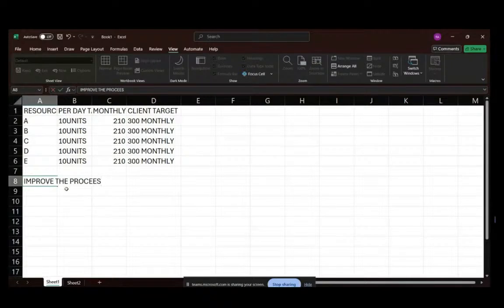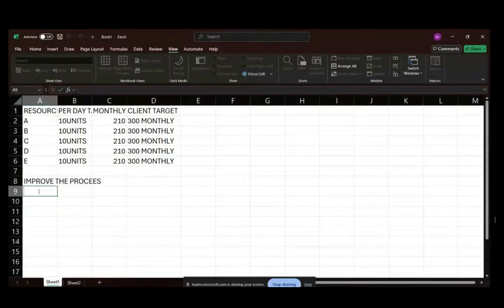Variables means that you can control. Now the second one is called KPOV, key process output variables.